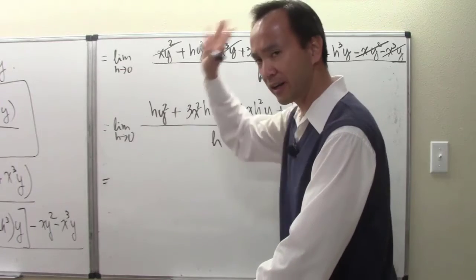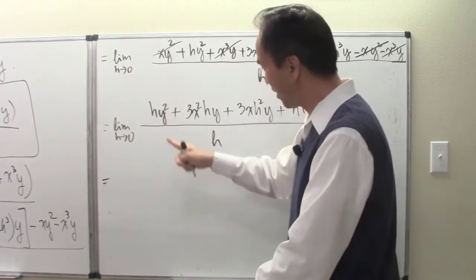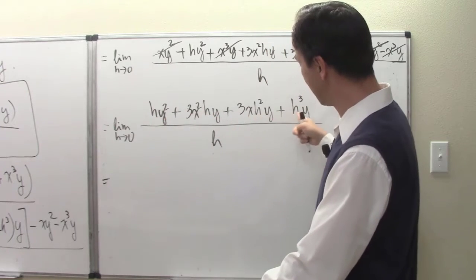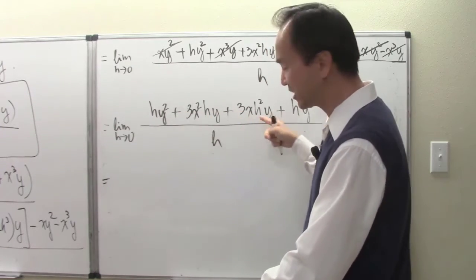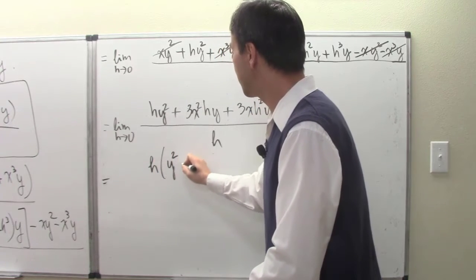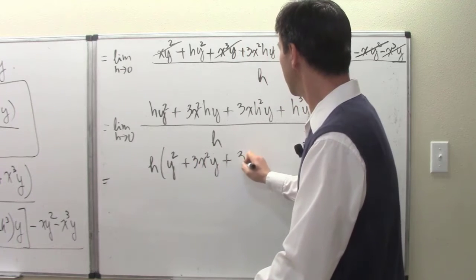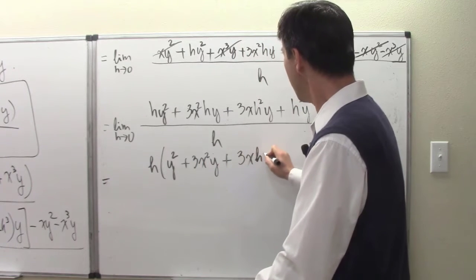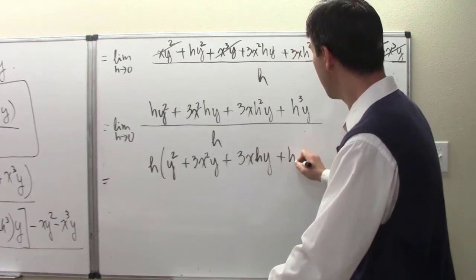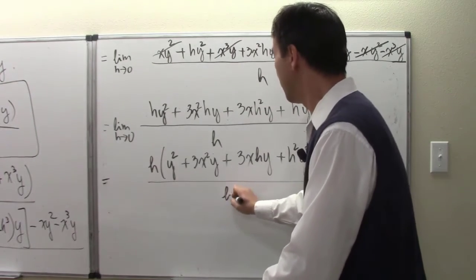So it looks like we're going to have to factor out the h common factor over here. So I'm going to factor out the h, and I have y squared plus 3x squared y plus 3xhy plus h squared y, and divide all that by h.